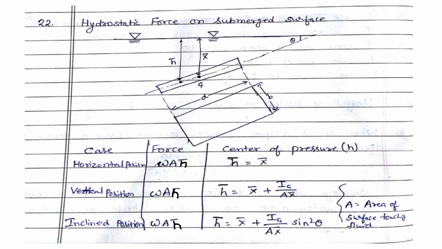If the plate is vertical, then this h bar will become x bar plus Ig divided by A x bar, where Ig is the moment of inertia about the center of gravity. Similarly, if the plate is inclined, then this h bar will become x bar plus Ig divided by A x bar multiplied by sine square theta. These are the formulas to calculate the hydrostatic force on the submerged surface.